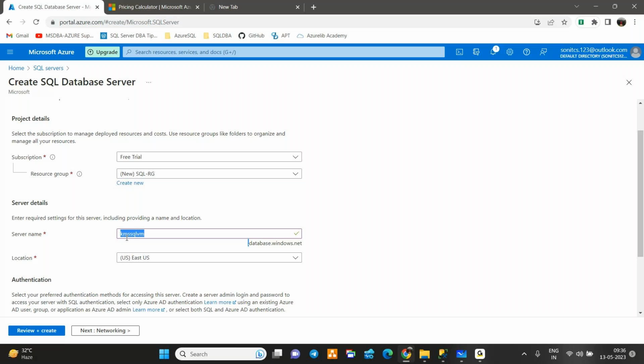When you see database.windows.net in the connection string, you should immediately know this is my Azure SQL database logical server. For MI, there will be a different connection string. Everyone clear?